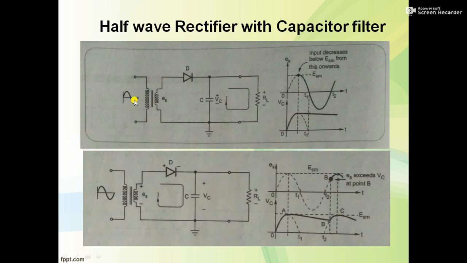Then we apply the negative part of the signal. During the negative part, A becomes negative, B becomes positive. Negative to positive means the diode becomes reverse biased. In reverse bias, no current flows through diode D, so the capacitor is not charging. Still it is discharging up to this point.